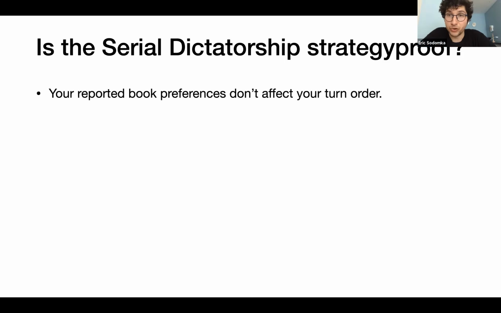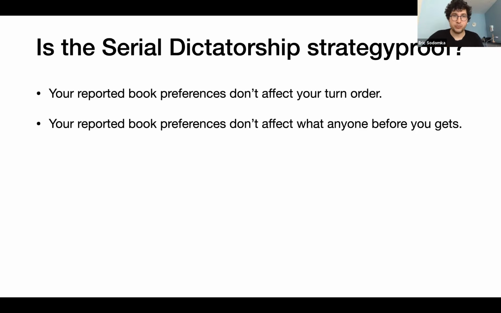So here is a proof for why serial dictatorship is in fact strategy proof. First of all, whatever you report doesn't affect the order in which you get to choose your book, because I'm randomly assigning people into the first position, the second position, and so on. It has nothing to do with what preferences you report.